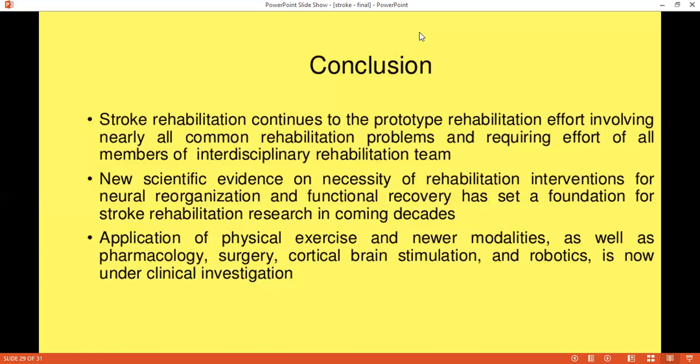Rehabilitation will play a key role in improving quality of life and helping patients reintegrate into the community. These therapeutic treatment applications and protocols will help improve the overall quality of life of the patients. Thanks to the Movement Maestro Academy for giving the opportunity to share my knowledge and experience.